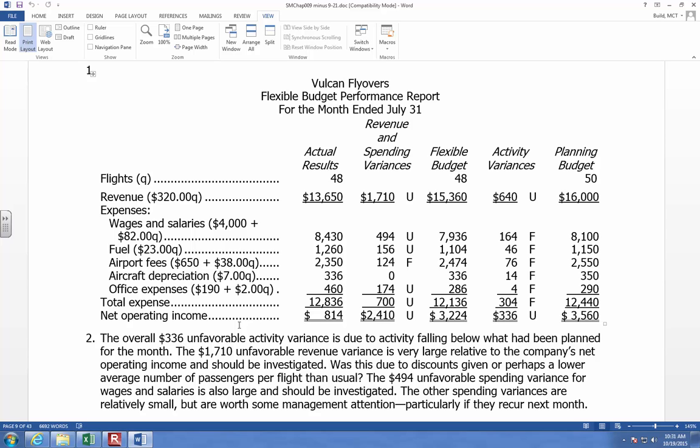The point in doing these is that the minute you can get an analysis of what happened, you can start to address the problems. And like I said, in most small businesses, actually probably all small businesses, management would be able to look at this immediately and tell you why those variances are as they are.